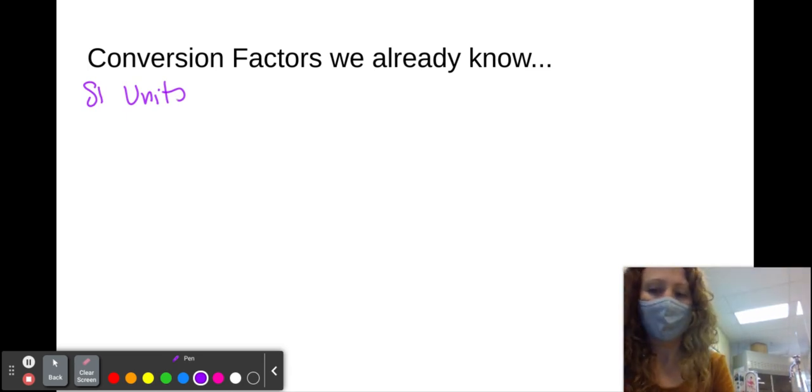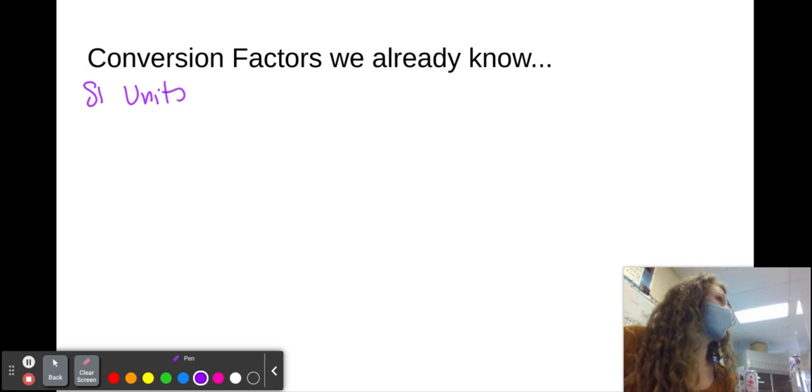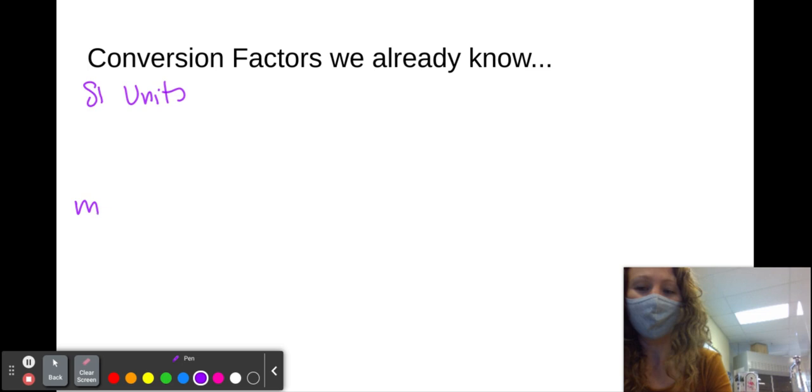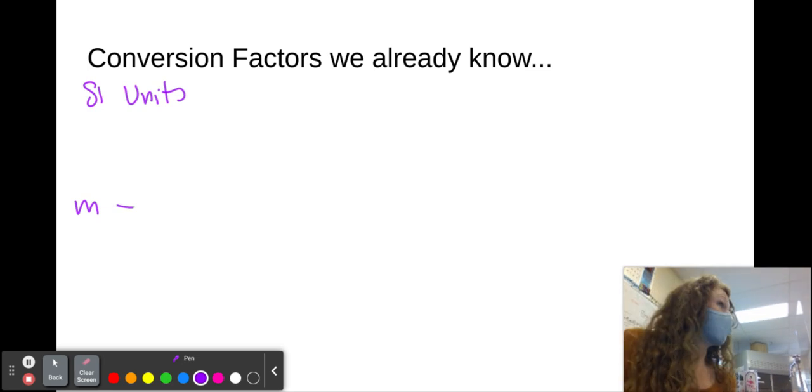For example, if we're dealing with length, what's the unit that we're going to be using? Good guess. If we were in the United States, we would use inches. If we were anywhere else in the world, we would use meters. Yes. Okay, so meters, sometimes it's convenient to measure things in meters, but sometimes it's not.